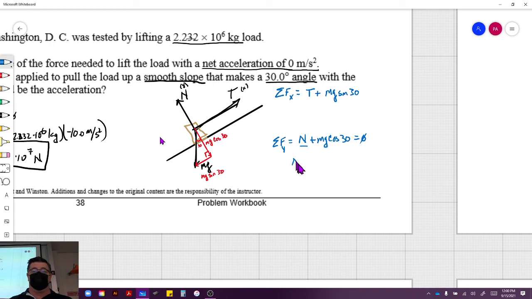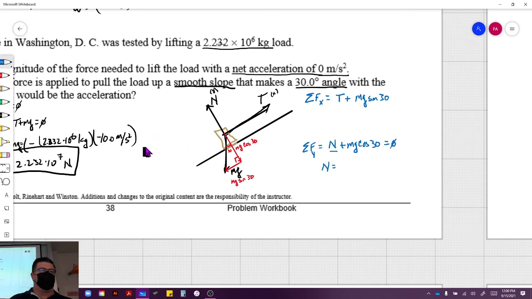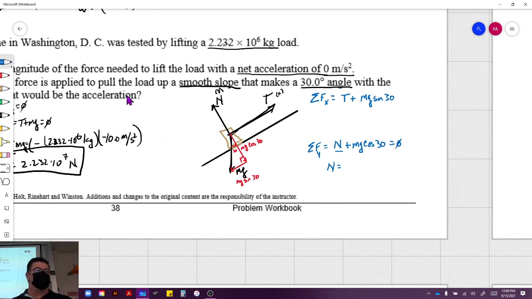Okay, so normal force equals, and we found that mg over here was the 2.232 times 10 to the 7th newtons. Okay, and cosine 30 is root 3 over 2, which is 0.866. And we can figure that, so one of you guys can figure that out.